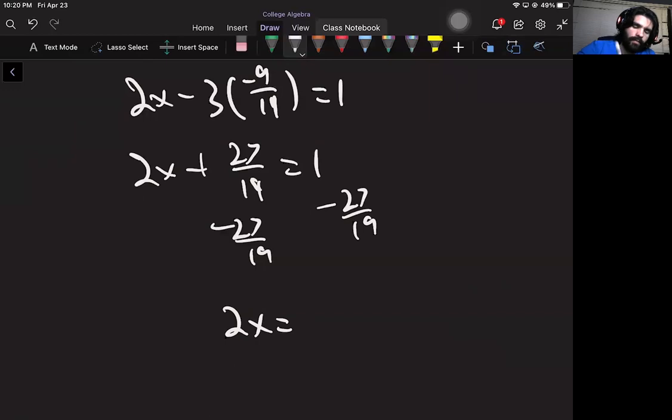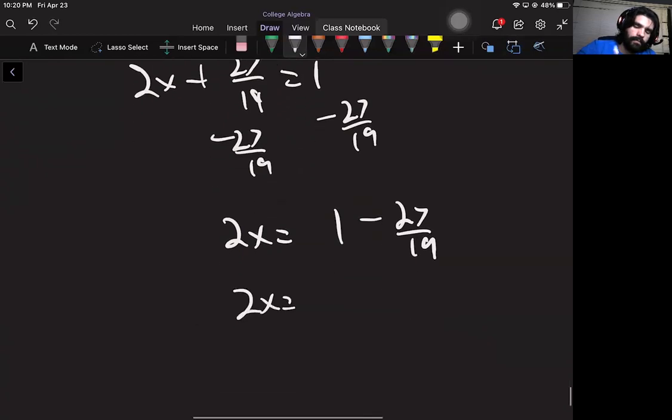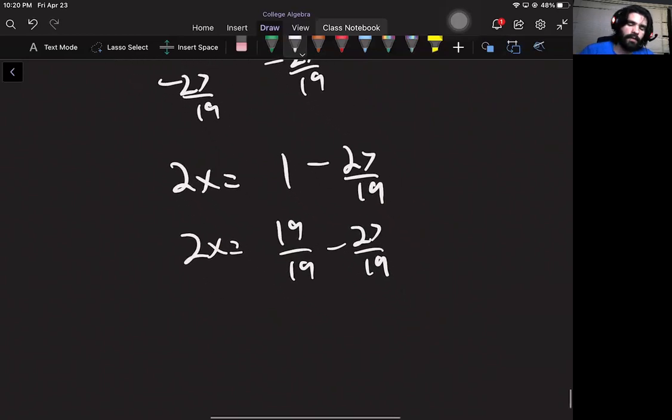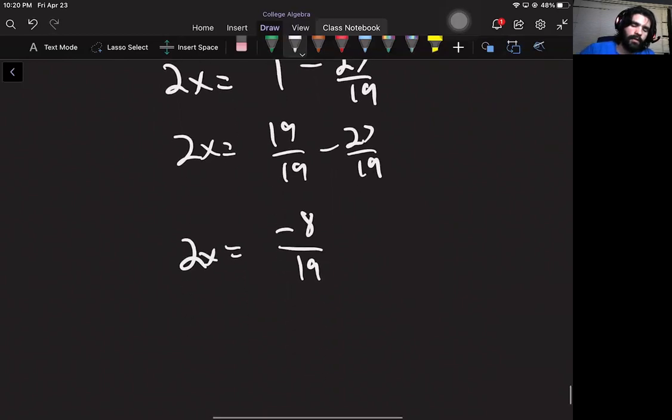So this 1, I'll write as 19/19 so that I can subtract properly. What's 19 minus 27? What the heck is that? I think it's -8. And finally, divide by 2.